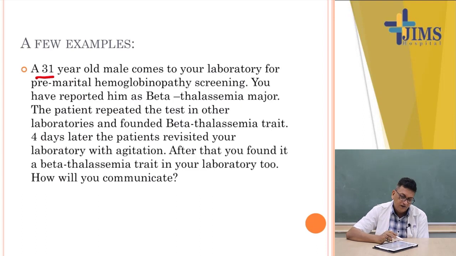The patient repeated the test in another laboratory and found beta thalassemia trait. Four days later, the patient revisited your laboratory in agitation and anger, because the reports don't match. After that, you found that it is beta thalassemia trait in your laboratory too.